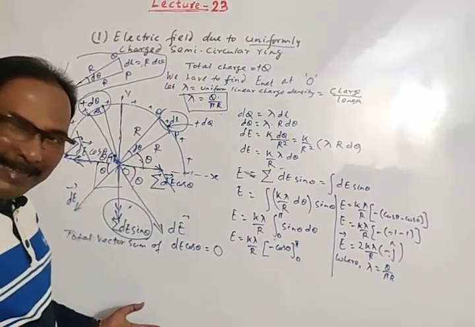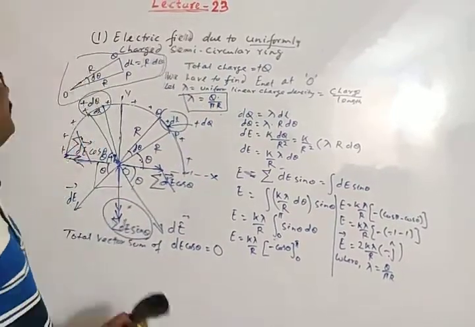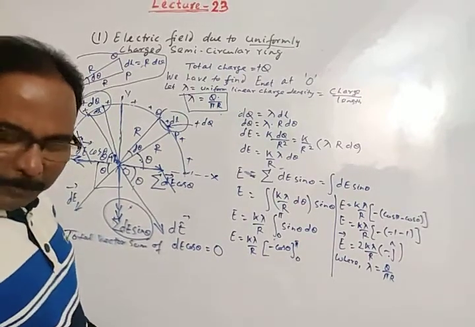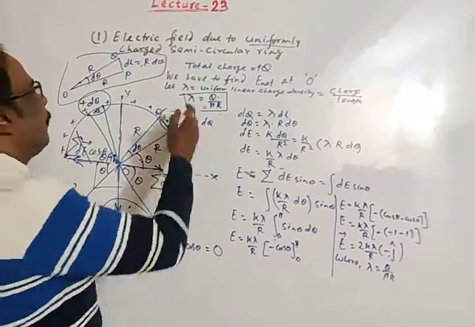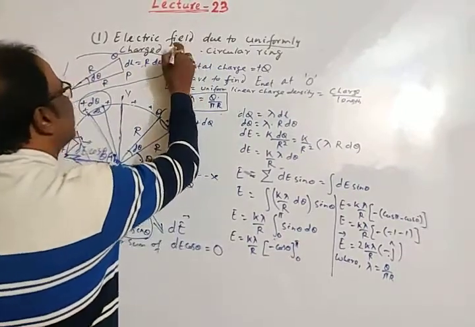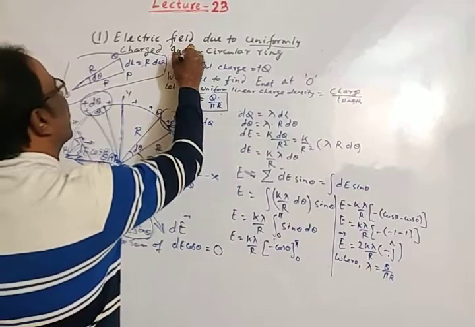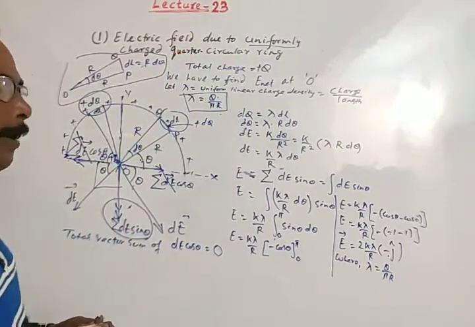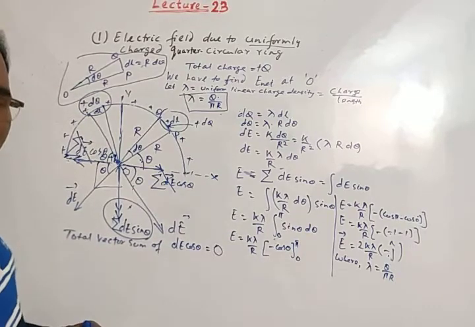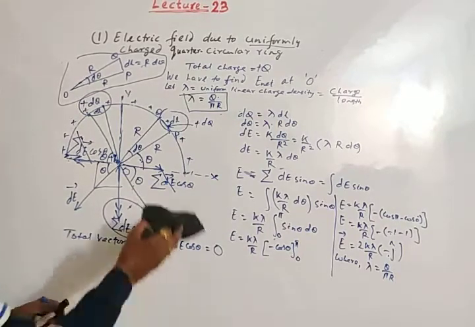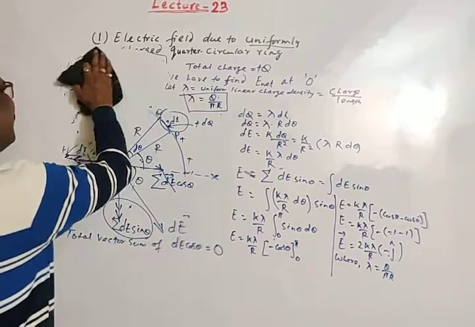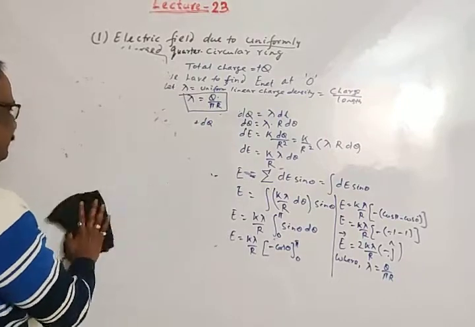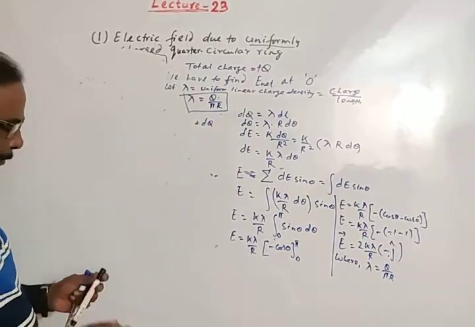Okay, then the second case. I am changing the heading: electric field due to a uniformly charged quarter circular ring. This was for the semicircular ring. Now we will find the electric field due to a quarter circular ring.